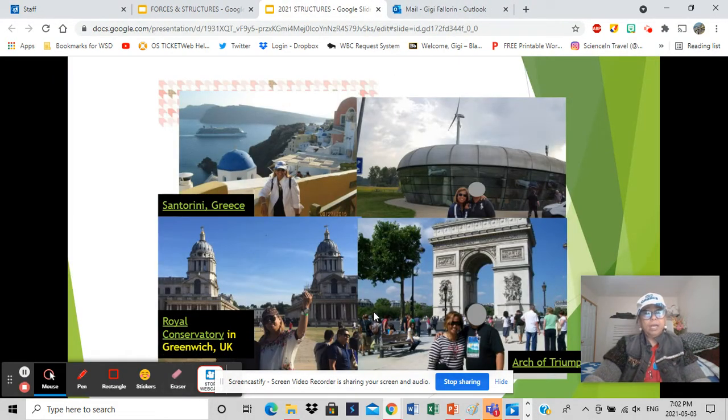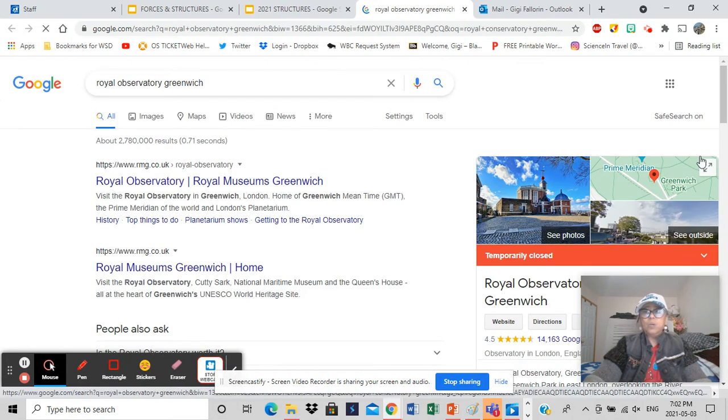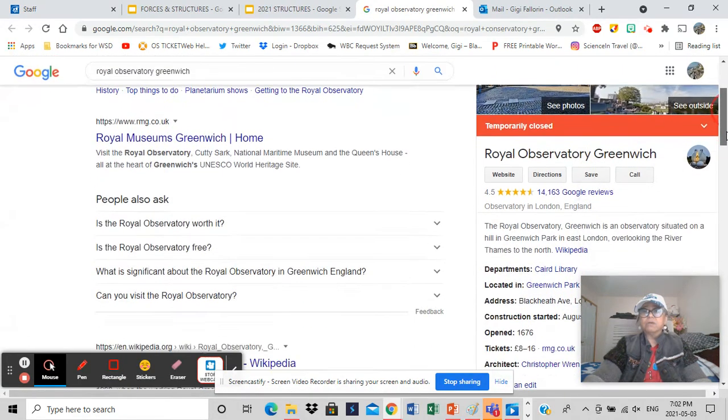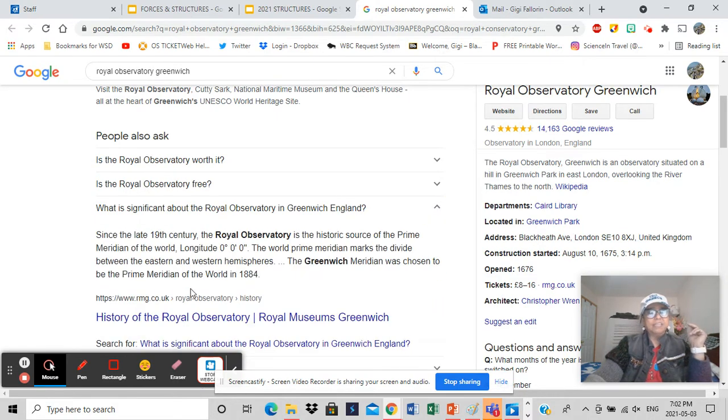Now, if one gets to London, in Greenwich we have what we call the Royal Observatory. The Royal Observatory in Greenwich is an observatory situated on a hill, and one might ask, what is the significance? What's the importance of this one?